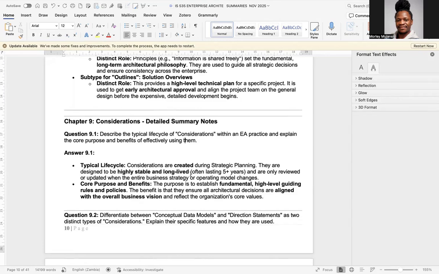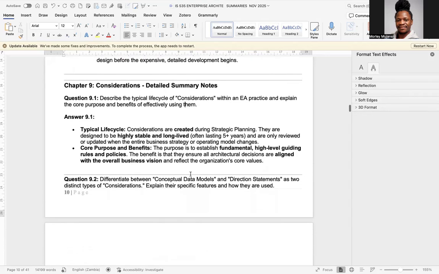They are long-lived, they are in the long term, and they're usually stable. They don't usually change. They are only updated when the strategic objective or strategic goals of the business changes. So the architectural designs would then be aligned. Okay.